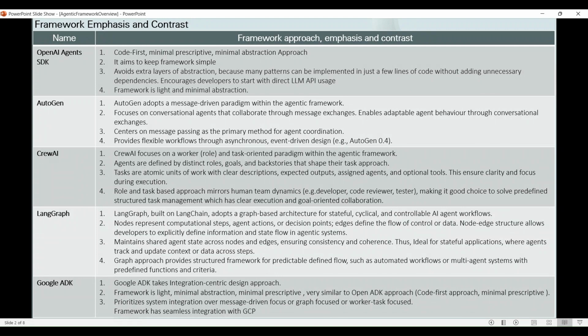So that is where Google ADK shines. Google ADK is very similar to the OpenAI SDK. It is a lightweight, code-first approach with minimal abstractions and prescriptions or predefined flows. But its real focus is on integration, especially within Google Cloud Platform.